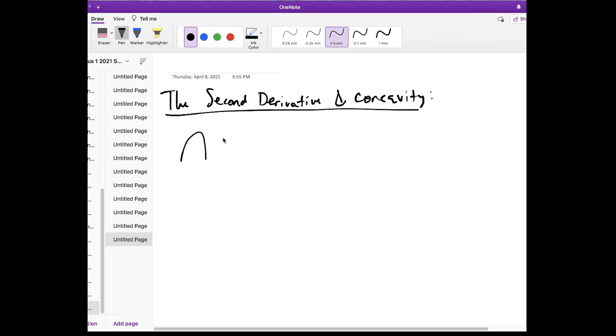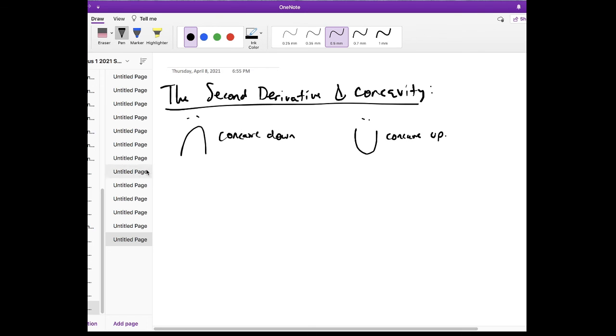If it's shaped down, it's concave down, right? If it's a frowny face, it's concave down. If it's concave up, it's shaped like a happy face. That's not really a nice definition, but we can be a little better with our definition, both by using the second derivative and tangent lines. Okay, so look at concave down and then see if my statement makes sense.